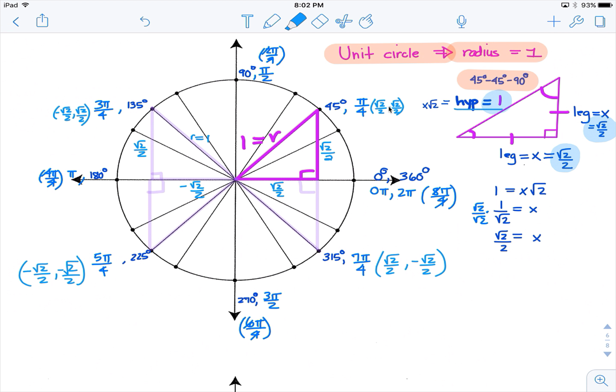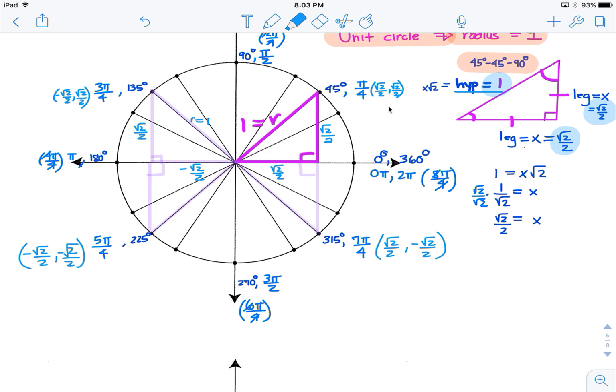And then we put those x and y coordinates into our unit circle. We applied it first in quadrant 1, and then we reflected those same things into quadrant 2, 3, and 4. Okay, so that was for 45, 45, 90. Now we need to do the same thing for 30, 60, 90.